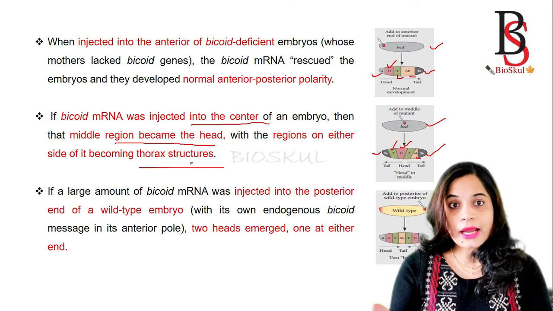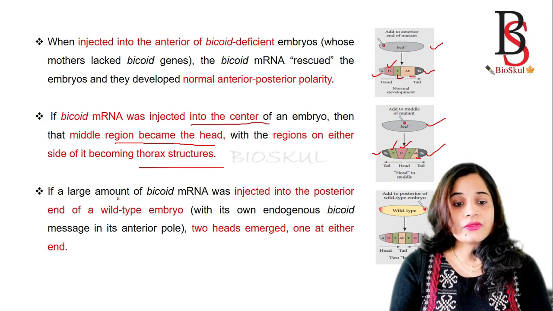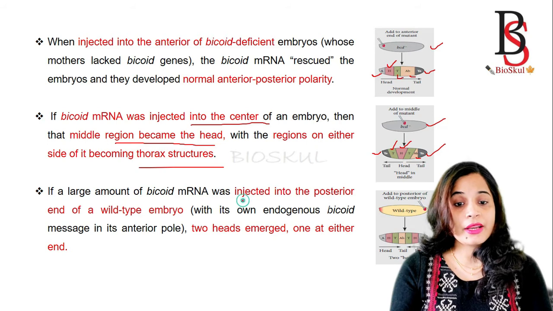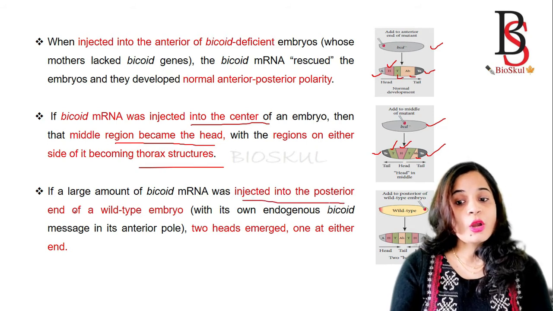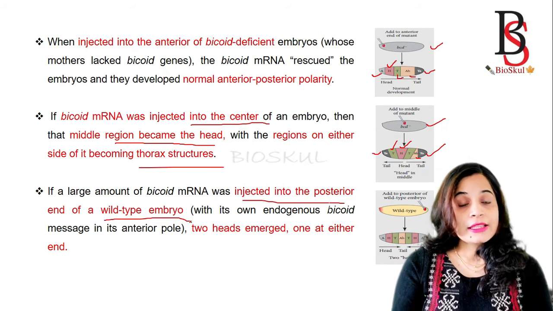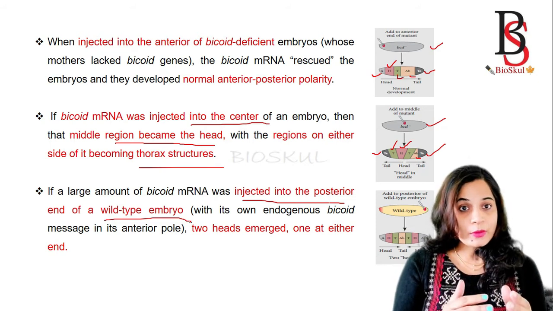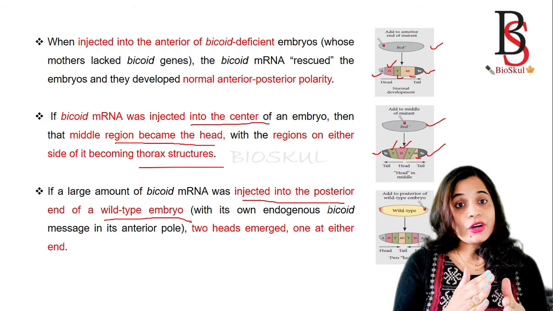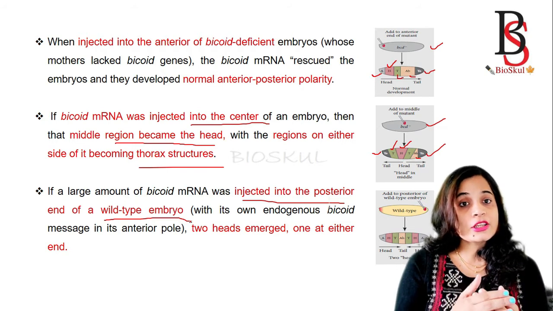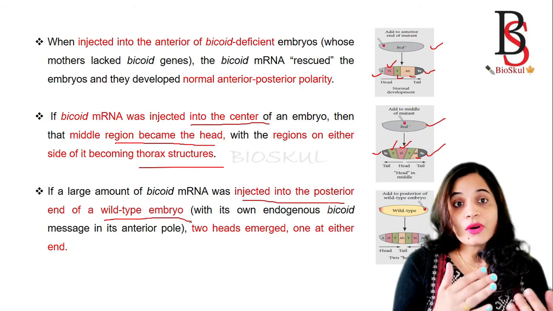And in the third experiment, the bicoid mRNA is injected into the posterior end of a wild type embryo. This is the wild type embryo, but the bicoid mRNA is injected into the posterior end. So what will it form?